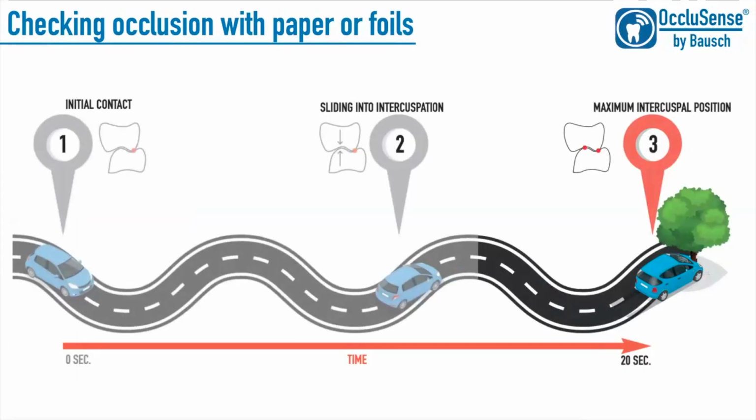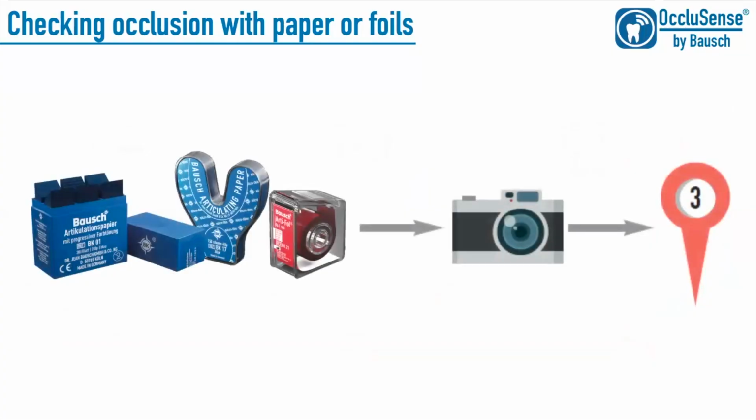And when you are looking at occlusion with papers and foils, you have the possibility to look at only point 3, so the end position of the teeth, which you can compare to a snapshot of one moment in time. So with papers and foils, you have a little snapshot, or a little picture, of the occlusion at one given moment in time.